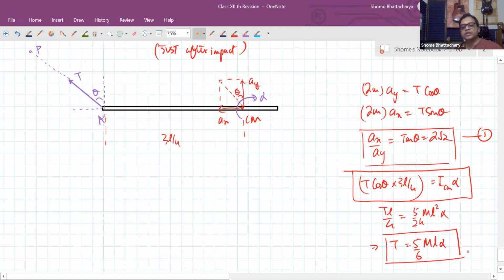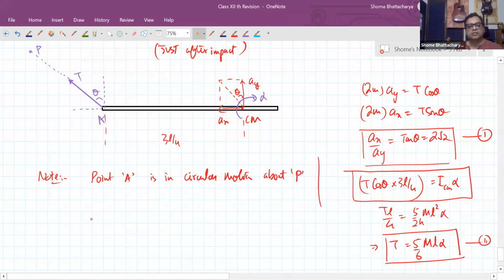So since we want to find out T, if we can somehow find the value of alpha here, then our job is done. Okay. Now the important thing, the constraints. Okay. So once again, the point A is in circular motion about P. Okay.